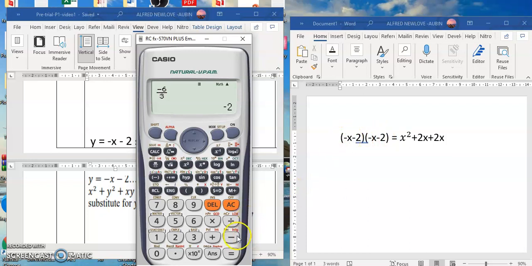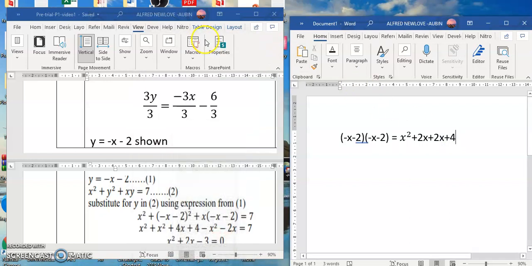If you are having a problem, you press minus 1 times minus 1 times minus 2, which will give us 2x. The same applies to this, so this is also going to give us 2x. Then minus 2 times minus 2 is going to give us what? Plus 4.